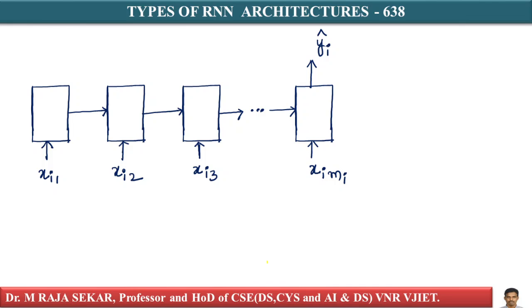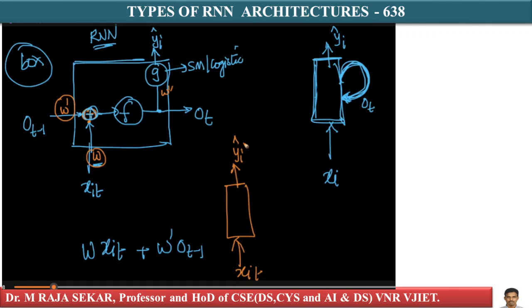Just try to understand this particular diagram. Every box I draw here, we have several boxes, isn't it? Every box that I draw here with xi and yi, what it means is there is a w. Even you can see here, there is a w, and there is a w dash.